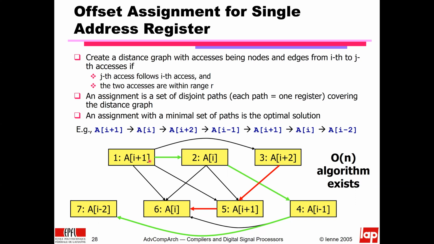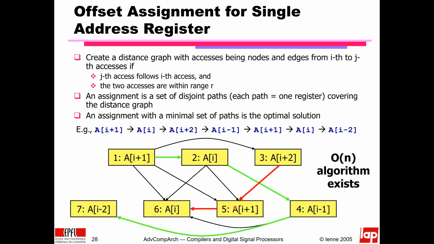For instance, if I am accessing I plus 1, I can access in the next cycle I by auto-decrement, or I can also access I plus 2 with auto-increment. But if I just accessed I, I cannot access I plus 2 because I've only auto-increment by 1 and I should increment by 2. Here I need to decrement by 3, so I cannot do it, but if I accessed I plus 2, I can access I plus 1 by decrementing.